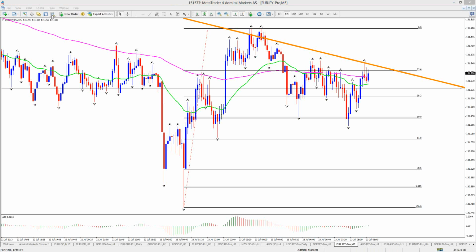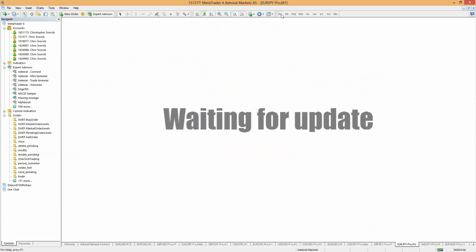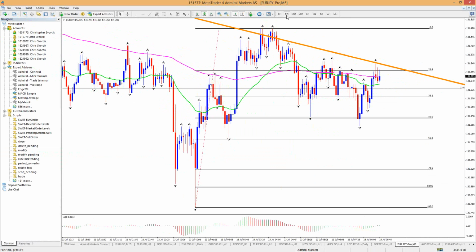This is interesting for me because it is about to break a 5-minute high here. Not the high, but especially the trend line is interesting, right?